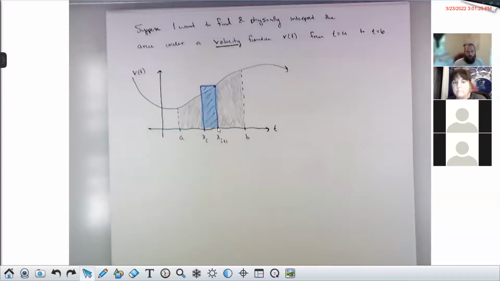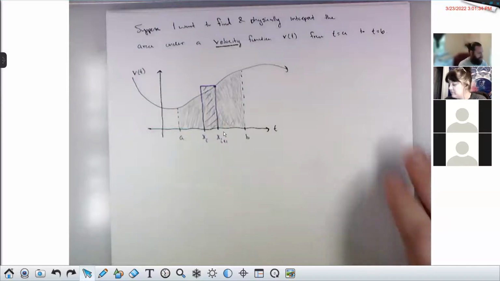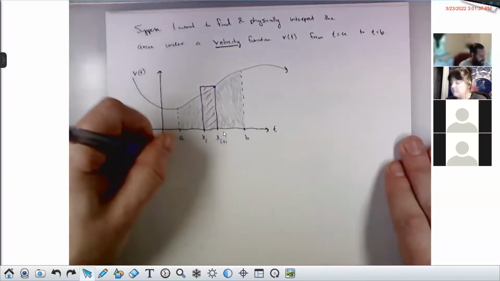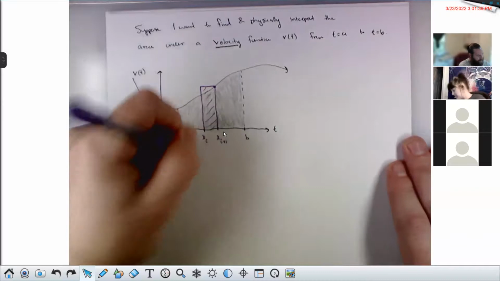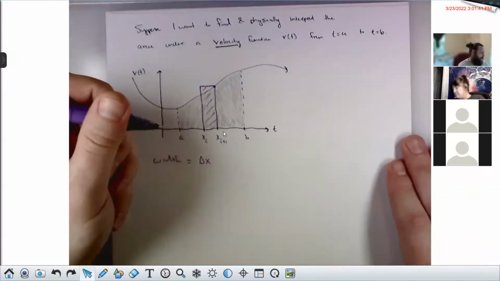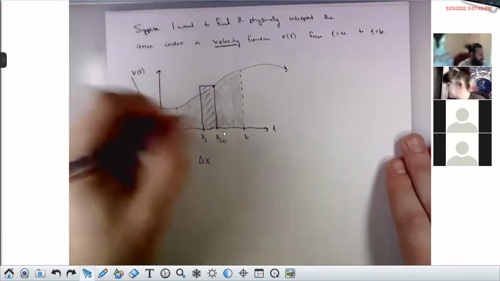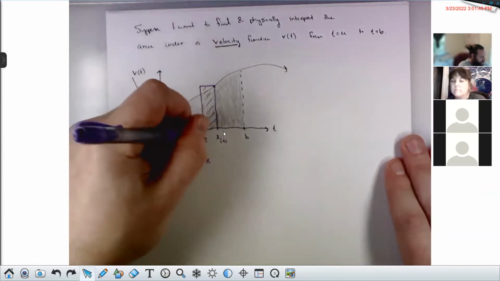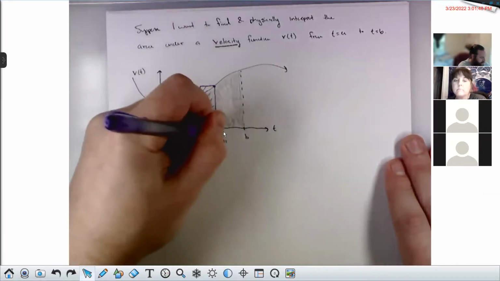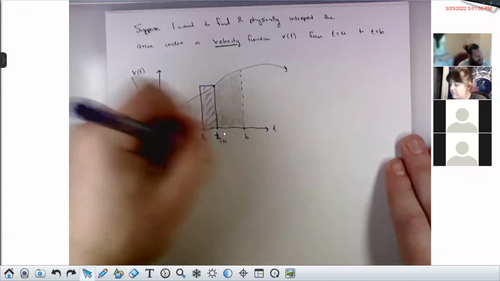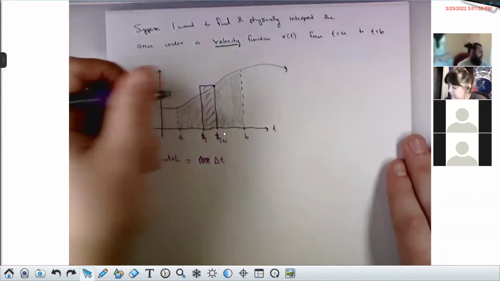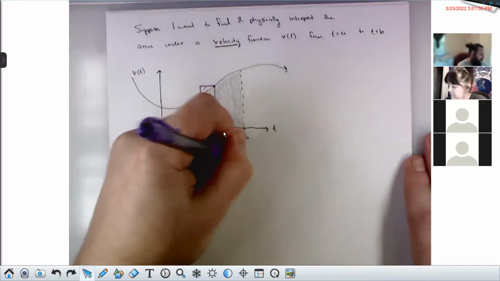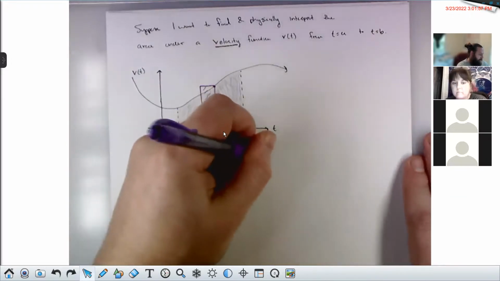I'm just drawing one as a kind of representative class. Imagine there's a bunch of other rectangles in here, but I just want to focus on one. The width of this rectangle is delta x, or I'm sorry, delta t, these should be t's. So we're using the variable t here. Delta t, which is a length of time.